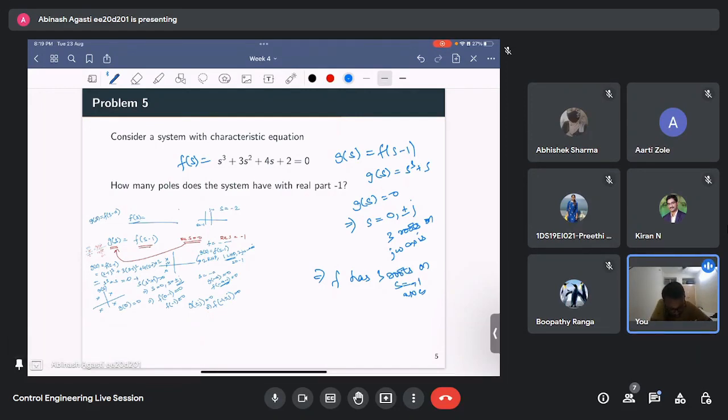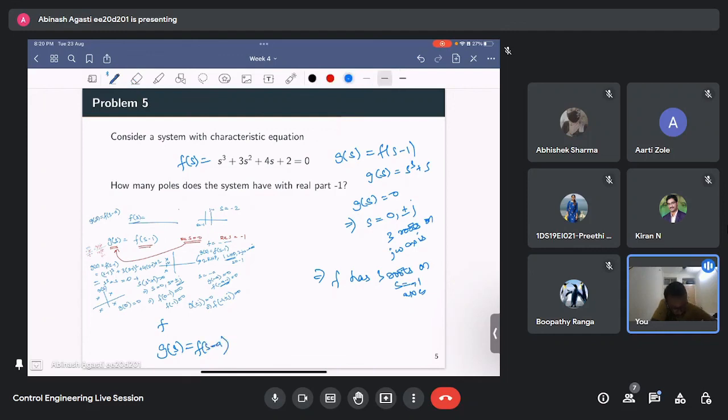So for any f, I find g of s equal to f of s minus a.